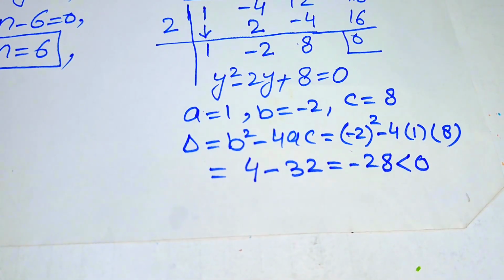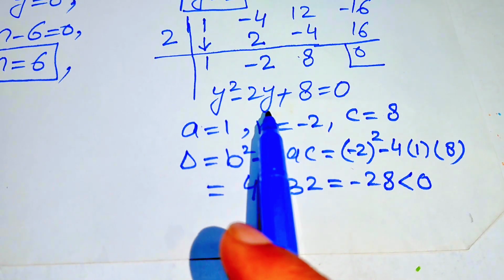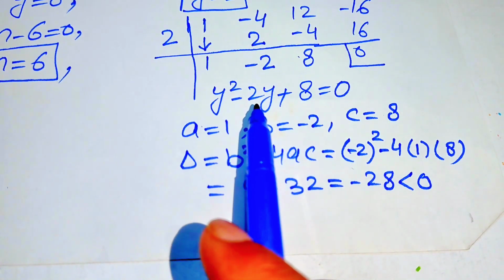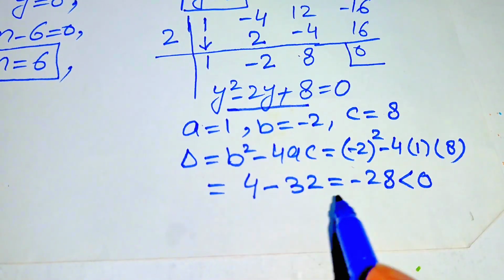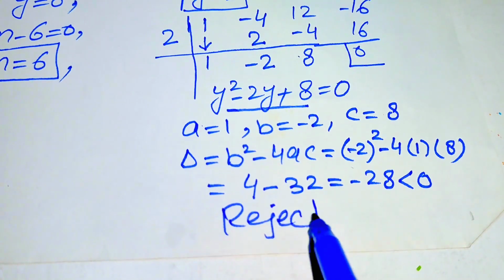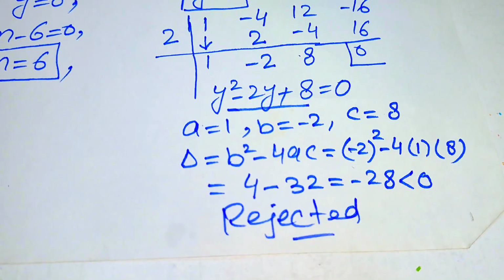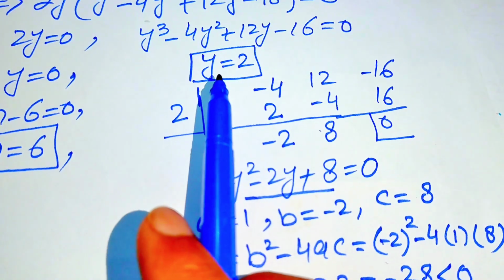If delta is less than 0, it means that this equation has complex roots, so it cannot give us integer roots. So we reject this case, and we proceed with the other root, which is the real, integer root.